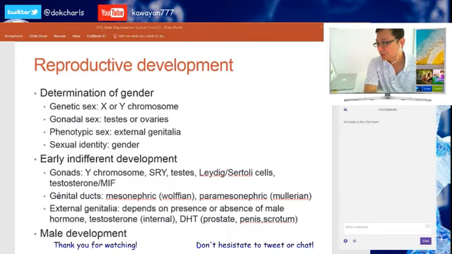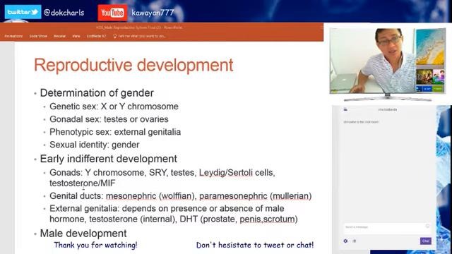However, we have what we call developmental stages of your sexual development, the early stages of development of human beings.